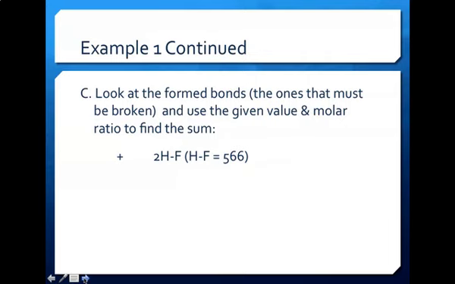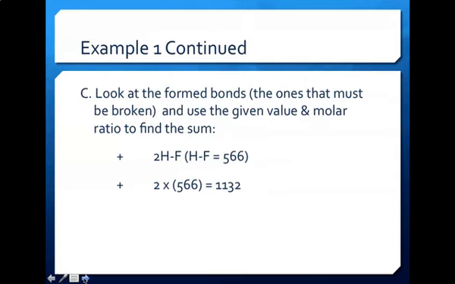My packet says I have a value of 566 kilojoules per mole. So I'm going to multiply that value by 2 because I have 2 moles of it. So 2 times 566 gives me 1,132 kilojoules per mole. And that's the only thing that I have on my product side. Those are the only bonds that are being formed. I'm only forming 2 of those HF bonds.